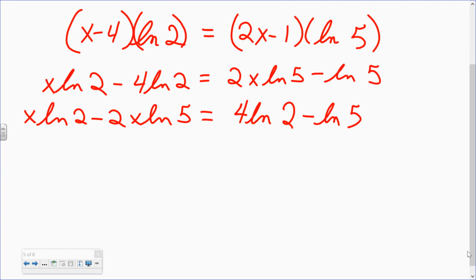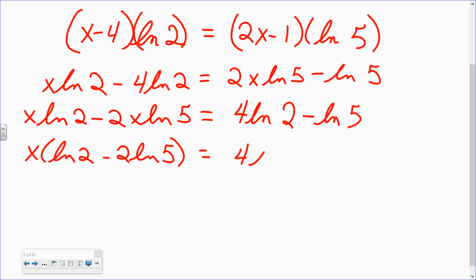And we've done plenty of other ones where, okay, we need to factor the x out. So we will have x times ln 2 minus 2 ln 5 over there on the left. And then what do I need to do if I want to get just x? Catalina, what do I need to do?